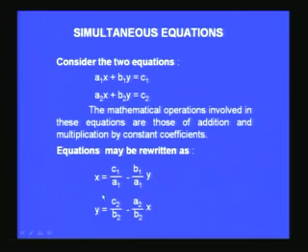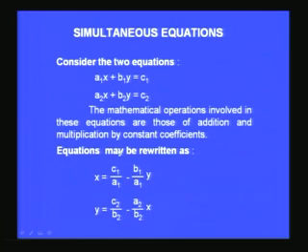Similarly, the second equation can be solved for y, and y is equal to c2 by b2 minus a2 by b2 times x. So these two equations were derived from the first two equations, obtaining x from the first equation and writing the expression for y from the second equation.